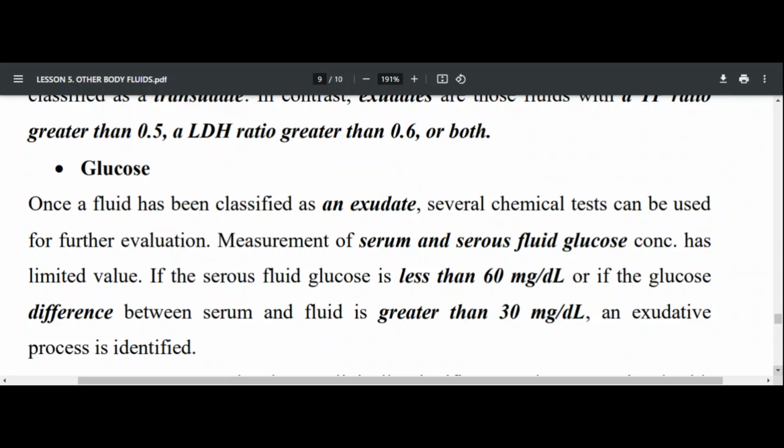So now, in case glucose is less than 60, it means there is a problem of excessive consumption of glucose, which classifies this as exudate, and most commonly, of course, a bacterial or bacterio-inflammatory exudate. And also, when the difference between serum and fluid is greater than 30, it also classifies it exactly as exudate.